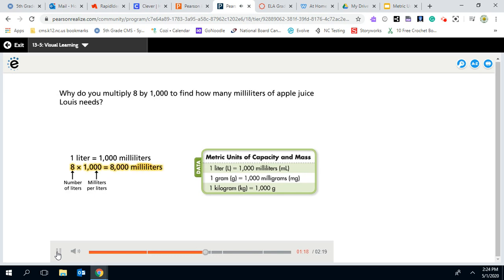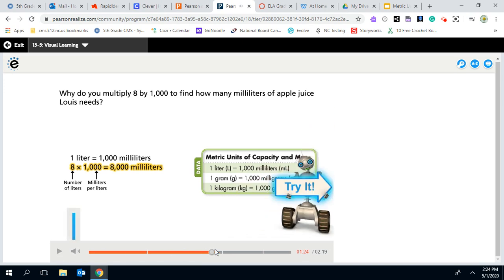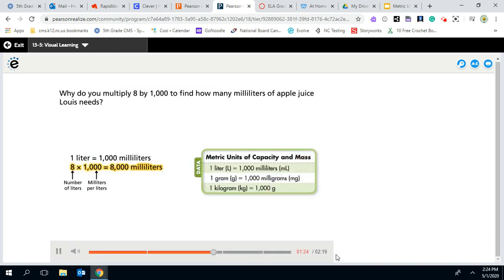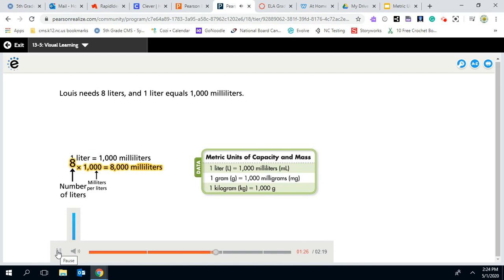Why do you multiply 8 by 1,000 to find how many milliliters of apple juice Louis needs? We start up here. You can see that he's able to fill 5 juice bottles. Louis needs 8 liters, and 1 liter equals 1,000 milliliters.